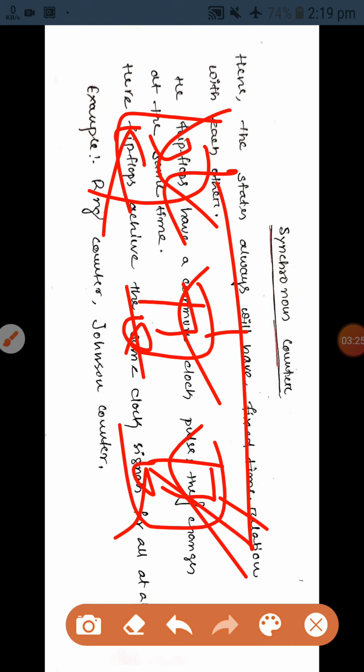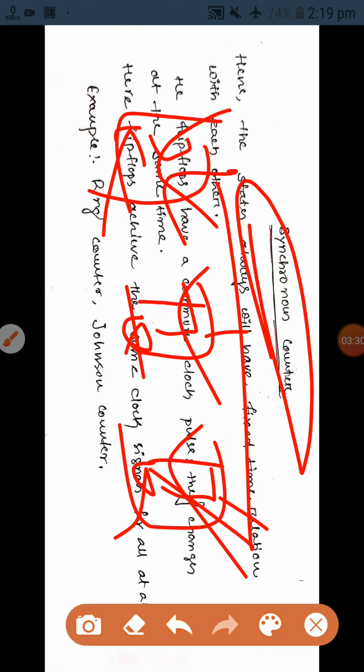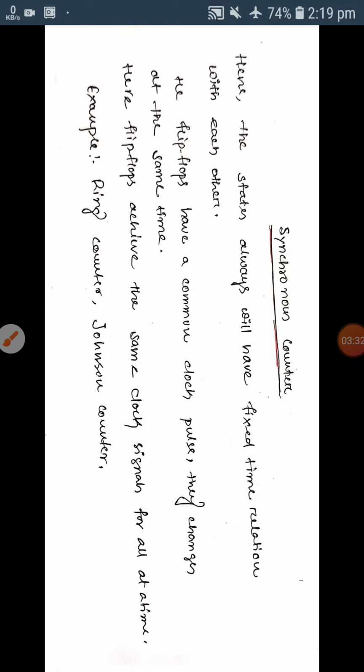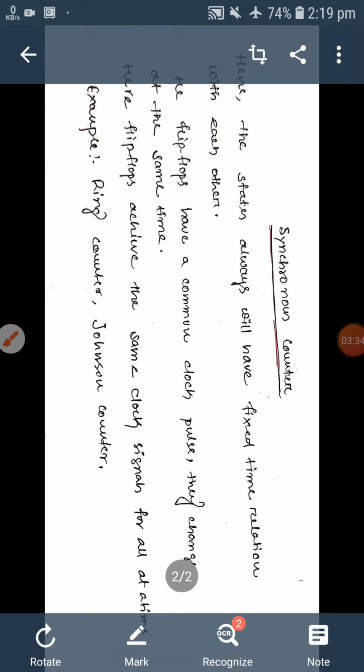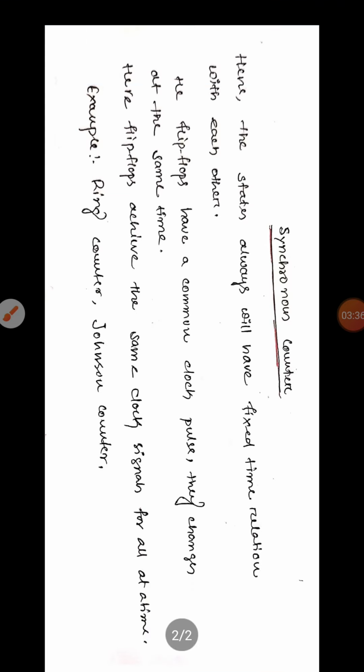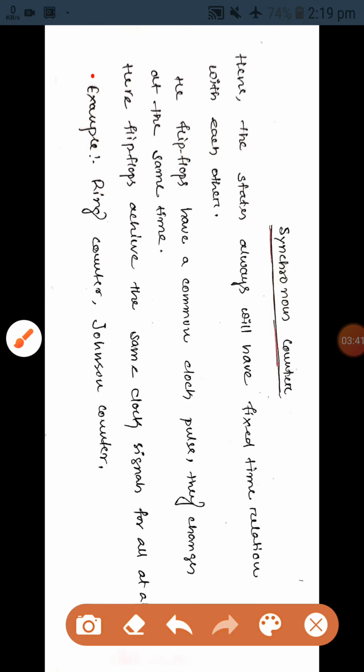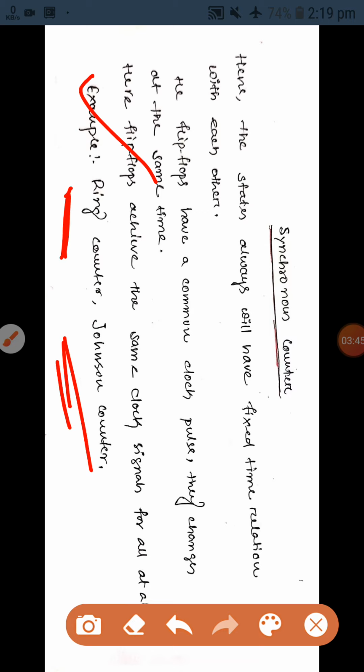Flip-flops are there in a combination form to produce a counter. So in synchronous counter it will count synchronously. This is all about synchronous counter. Examples I have given here: ring counter and Johnson counter. I will discuss these later on.